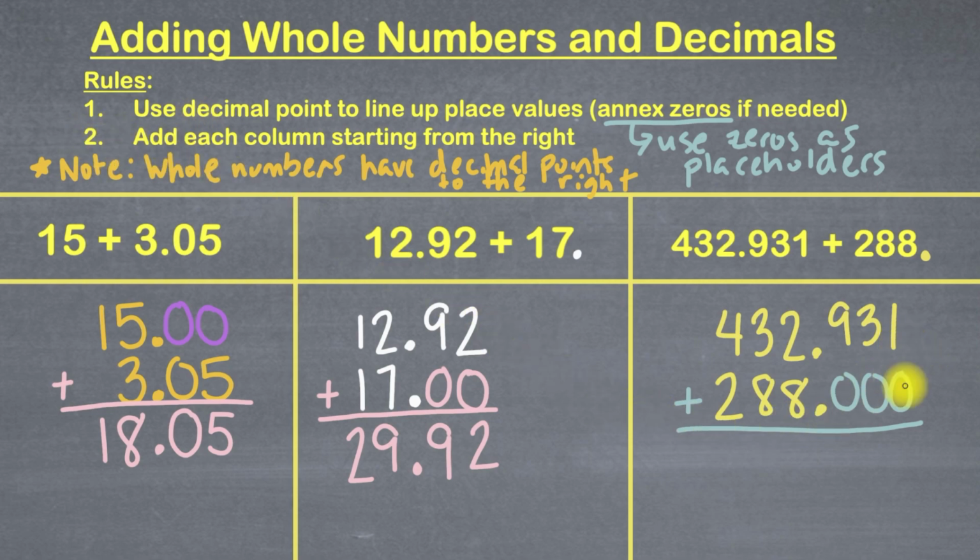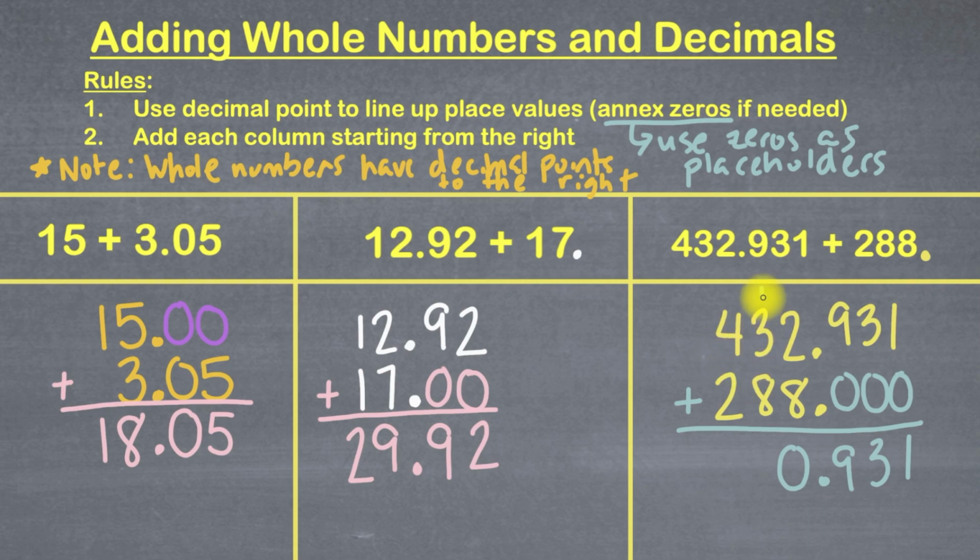So I've got 1 plus 0 is 1, 3 plus 0 is 3, 9 plus 0 is 9, I'll bring down a decimal point, 2 plus 8 is 10, but that's 2 digits, so I'll bring down the 0, and I'll carry a 1 up on top of the next place value.